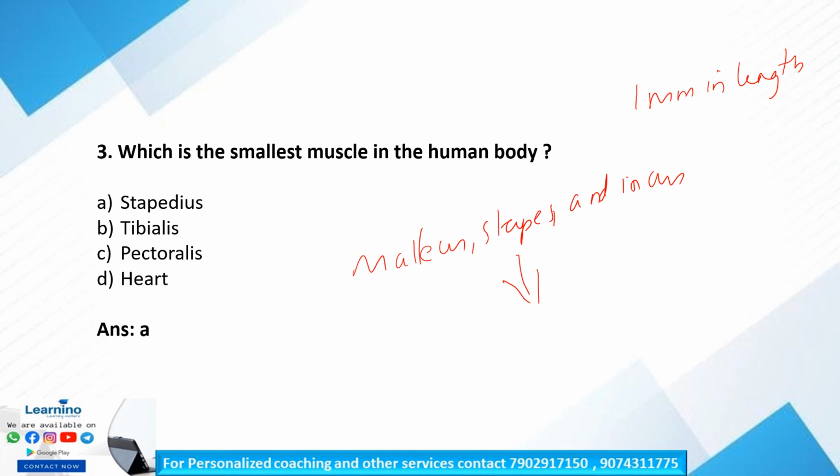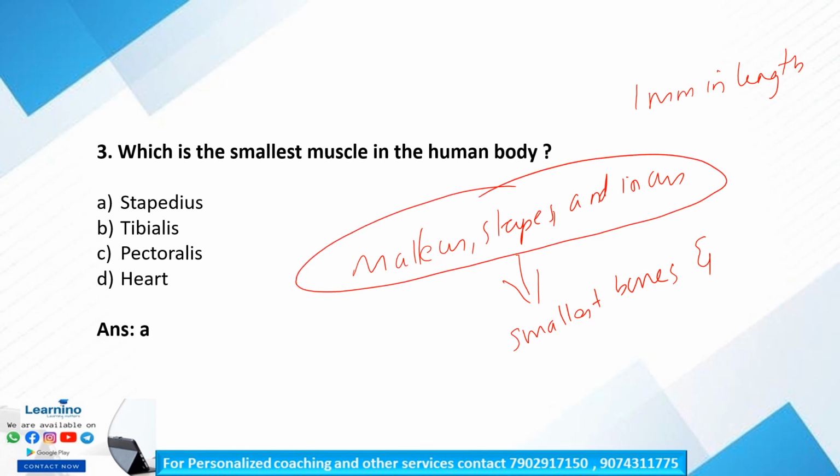Among the malleus, stapes and incus, the stapes is the smallest bone, and in the human body the smallest bone is the stapes bone, situated in the ear. The size of the stapes bone is about 3 millimeter by 2.5 millimeter, length and breadth.